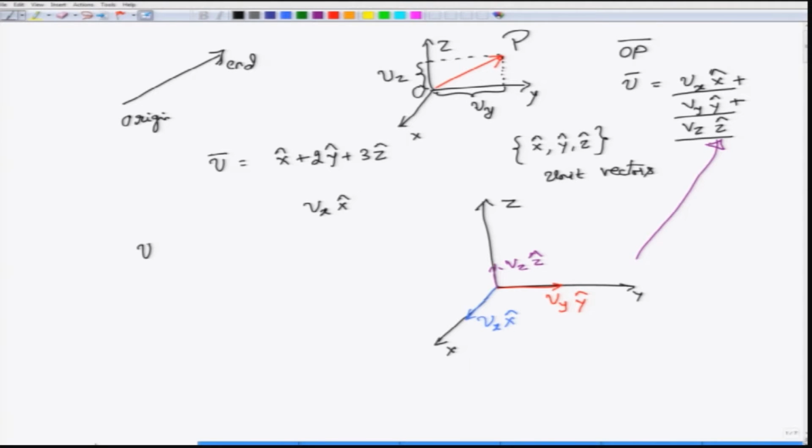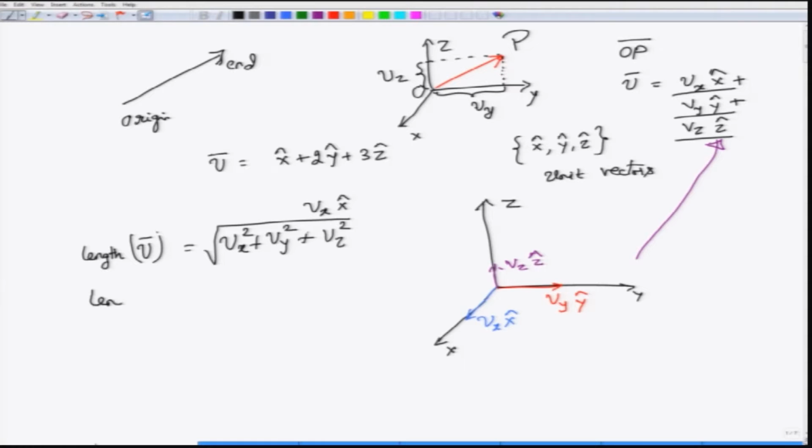If I want to find out what is the length of this vector, I know that from its components, which are given as Vx, Vy and Vz, I can write this as the square root of Vx square plus Vy square plus Vz square. Okay.